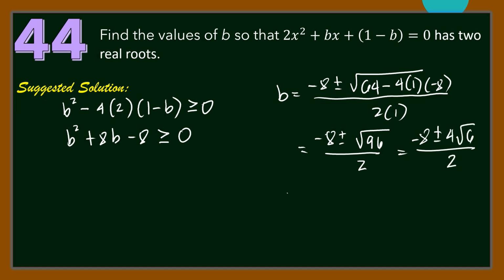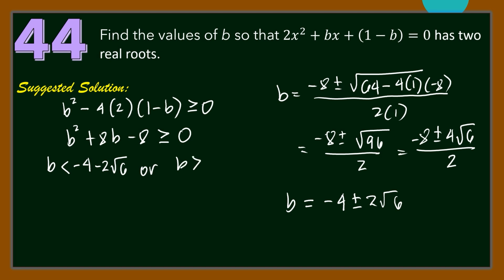Then b is equal to negative 4 plus minus 2 square root of 6. Hence, the values of b should be b is less than negative 4 minus 2 square root of 6, or b is greater than negative 4 plus 2 square root of 6.